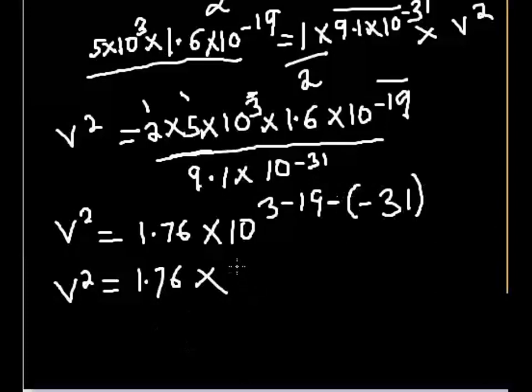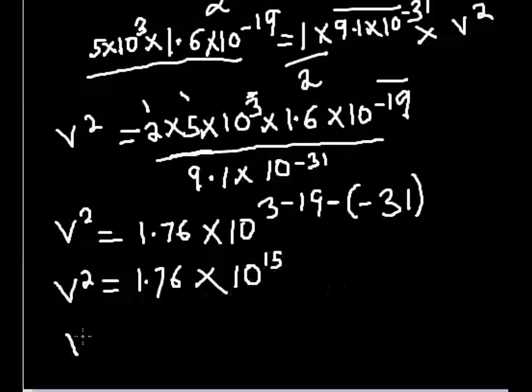That's 15. 10 raised to the power of 15. All right, so now that simply means that if I want to get my v now, I have to evaluate the square root of this.